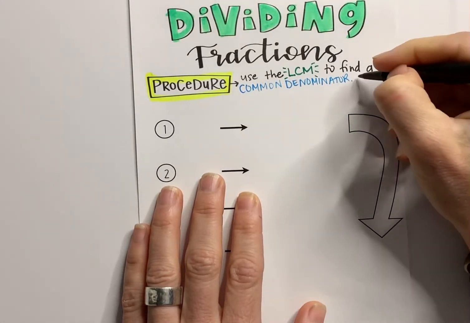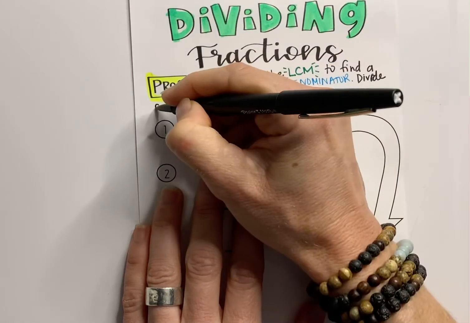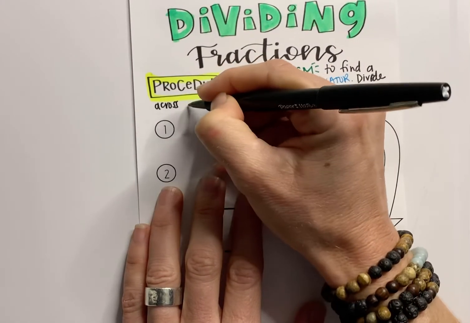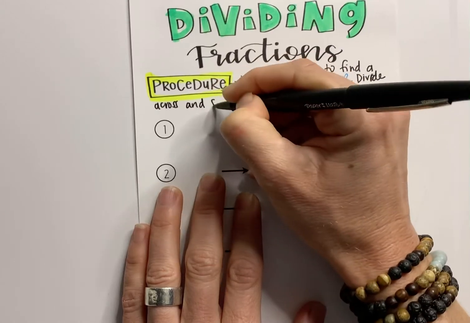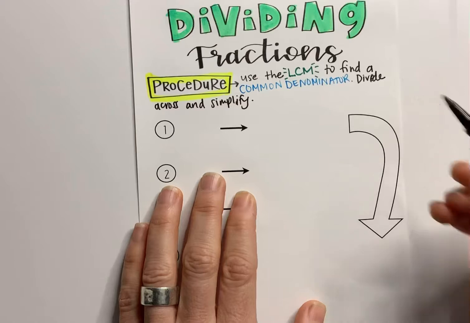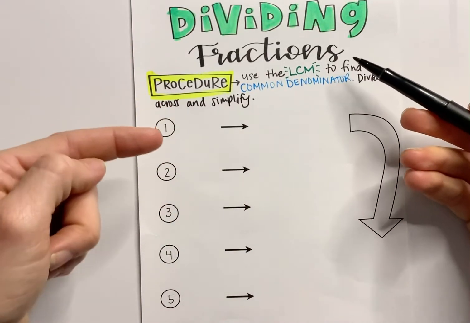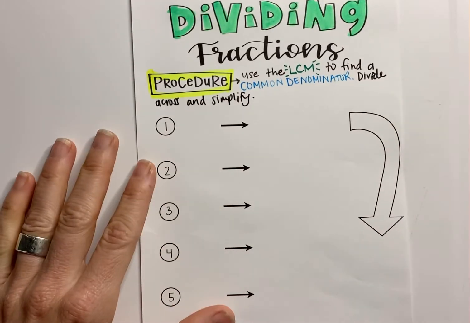Once you've done that, all you do is divide across and simplify. So it actually looks a lot more like multiplying fractions than dividing fractions with the methods you may have already been shown.